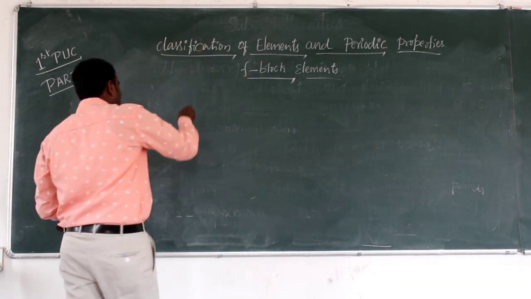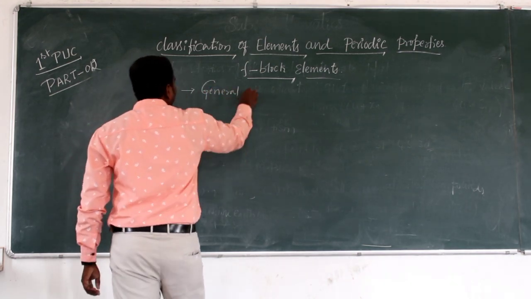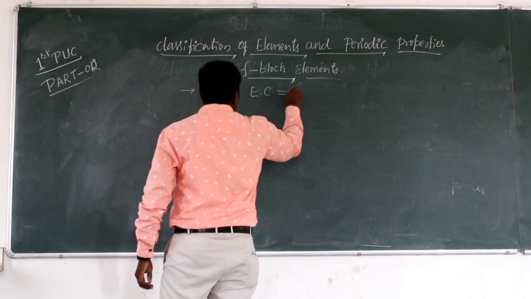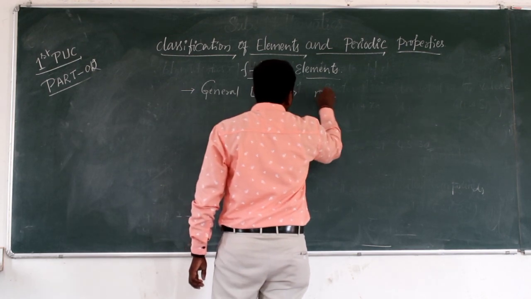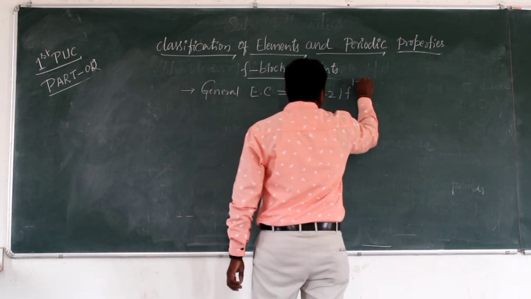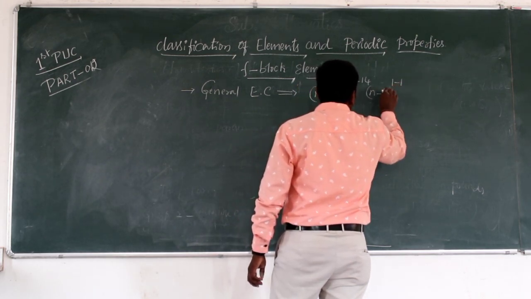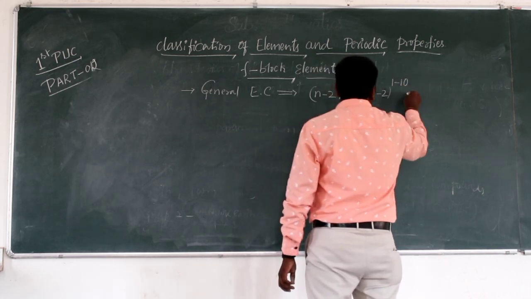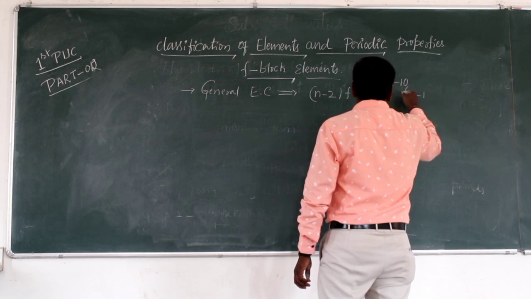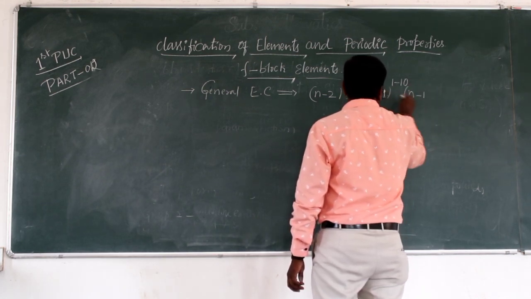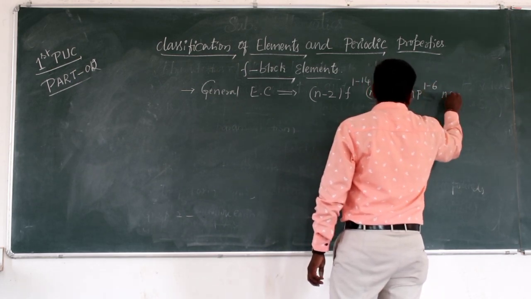What is the electronic configuration? The general electronic configuration of F block elements is (n-2)f 1 to 14, (n-1)d 0 to 10, np 1 to 6, ns2.